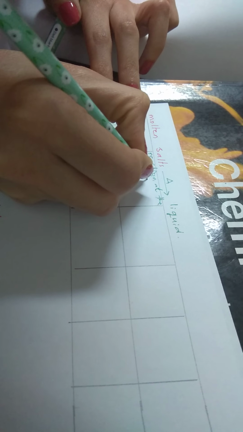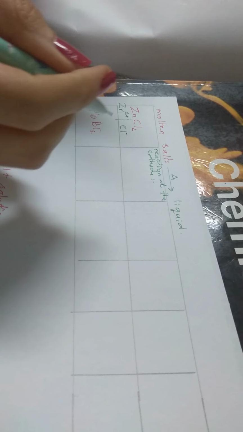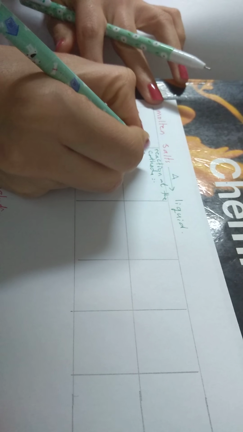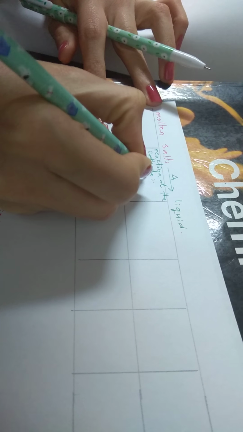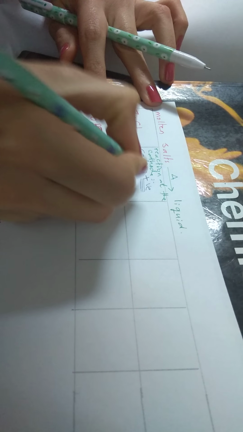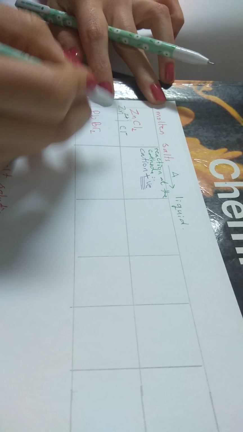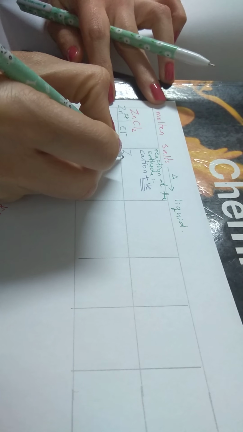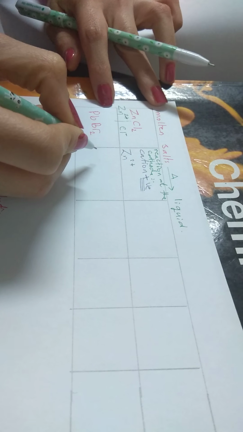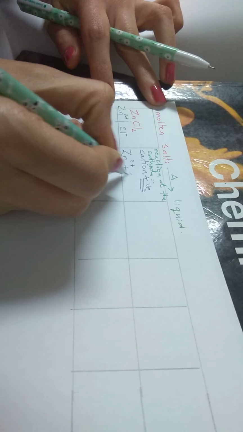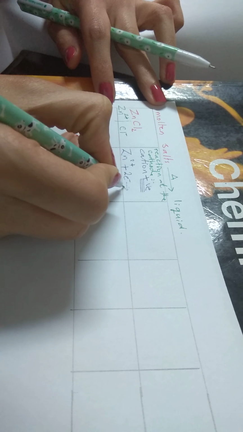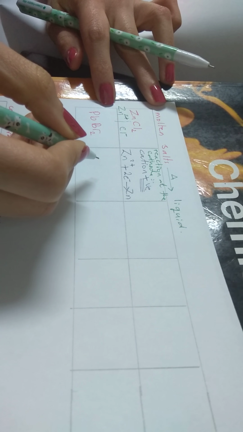So the reaction at the cathode. At the cathode, the cation, which is the positive ion, will go to the cathode and be reduced. So Zn2+ will accept 2 electrons and be reduced to Zn.